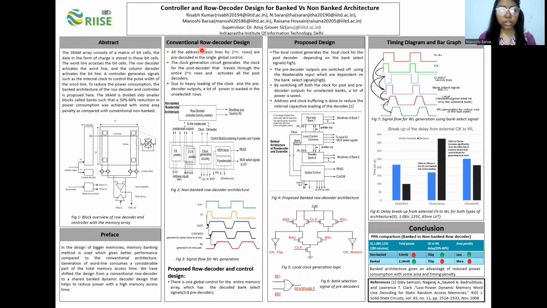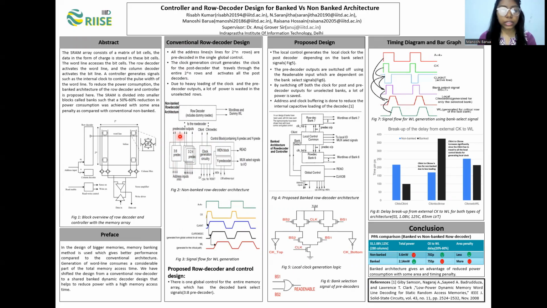In the conventional non-banked architecture of the row decoder, there is a global control block that contains one 3:8 pre-decoder and three 2:4 pre-decoders that decode the n address lines for 2 raised to the power n rows. The clock generation circuit generates the internal clock signal that is responsible for activating the rows.